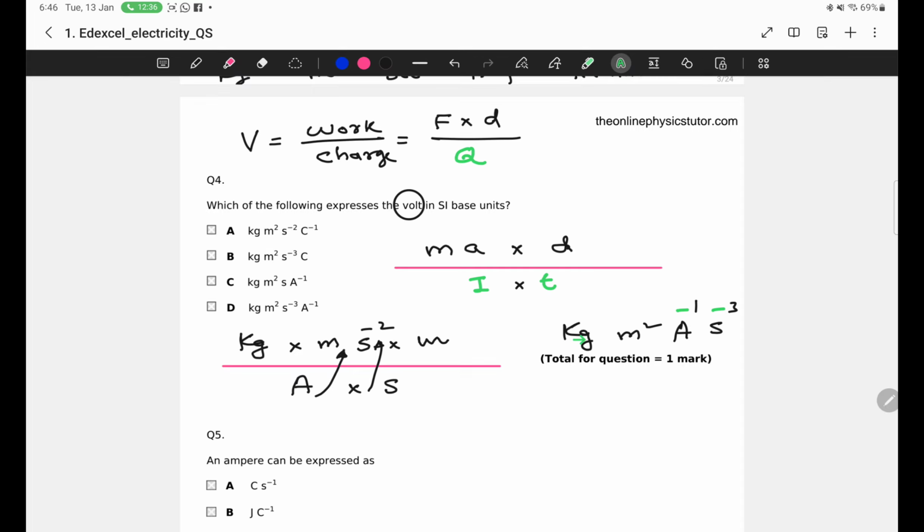So I am reading kg meter square per ampere per second cube. If you compare this unit with the given options, the right answer is D. So this is the base unit of potential difference.